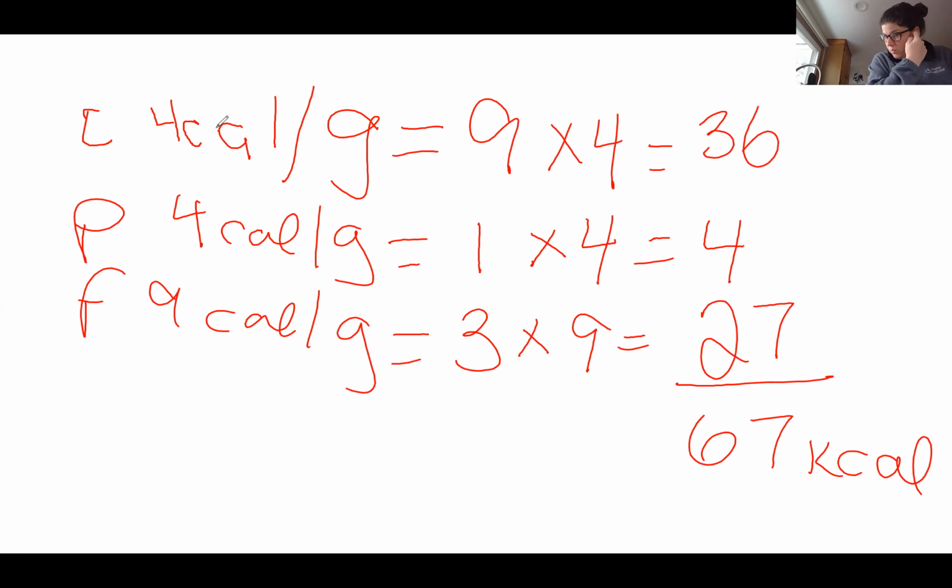So that's step 1. We figured out how many calories of each one of these macronutrients is in his cookie. The next step, which I think is the part that's being the trickiest, is to figure out, based on a percentage, how much each one of these nutrients provides. So I'm going to clear this board.